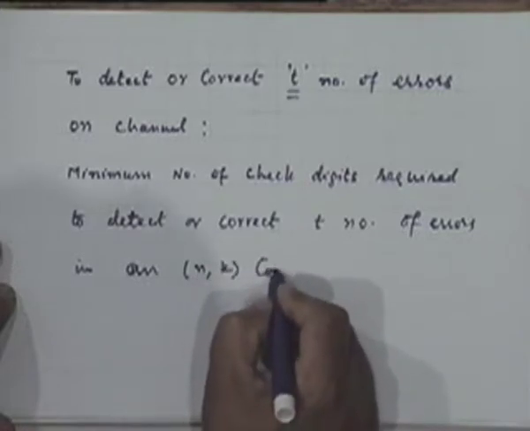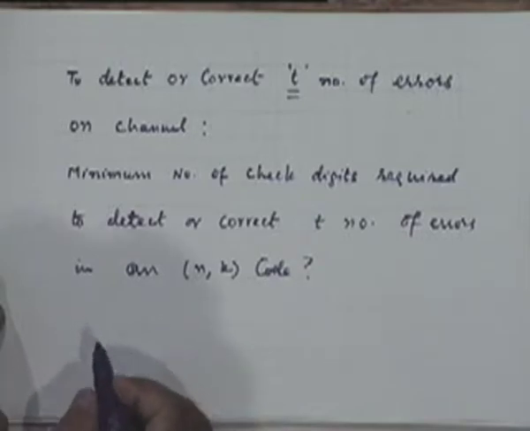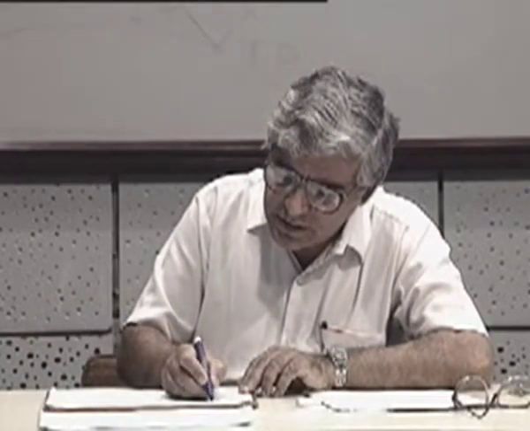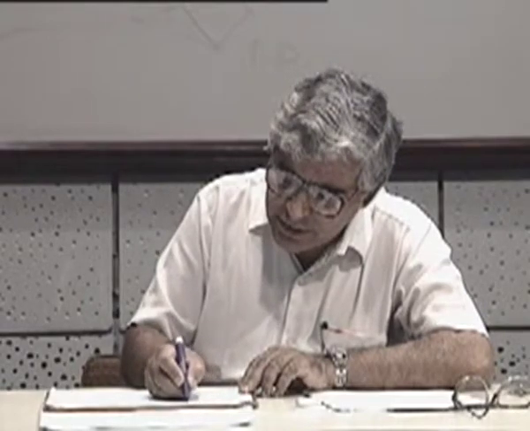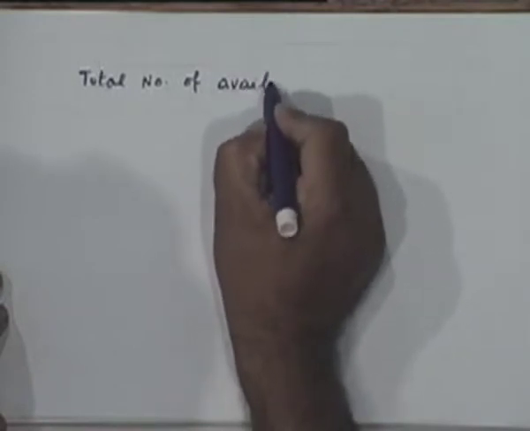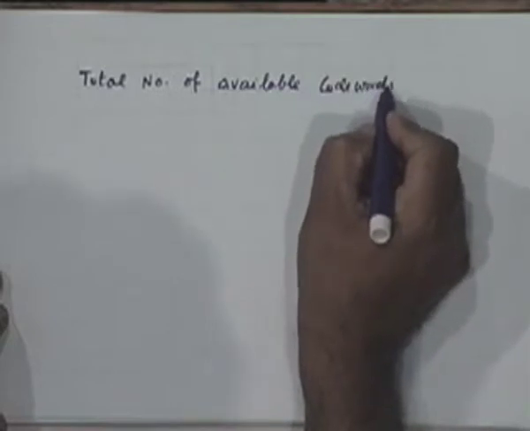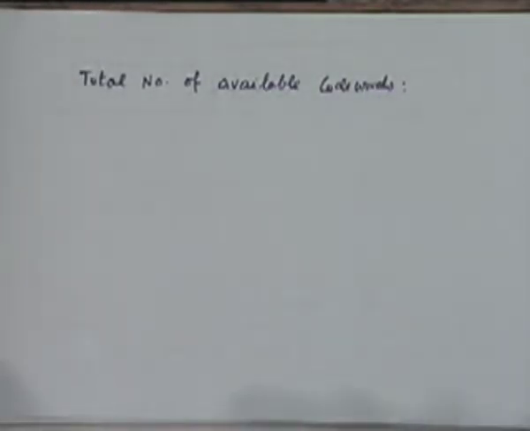Right, this is the question of interest to us, but to answer this question, let me do a bit of combinatorial counting of a different kind. Let's start by counting the total number of available code words. When I say available code words, you please imagine the same n-dimensional hypercube that we have been talking about in the past.